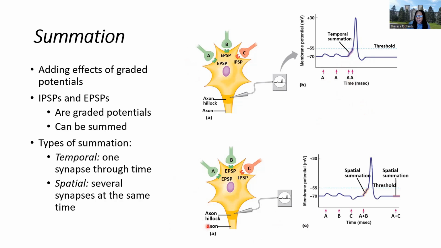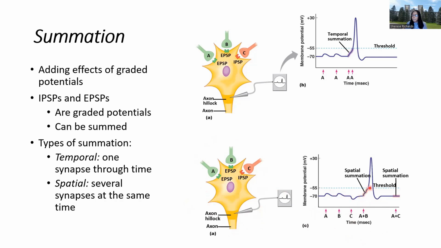If we look at the panel at the bottom here, this is going to be spatial summation. So now we're going to take into account all of the various synapses that are on this soma, if they come in at the exact same time. So synapse A, synapse B, synapse C, and we're going to add those three graded potentials together. So that's two EPSPs and then one IPSP.